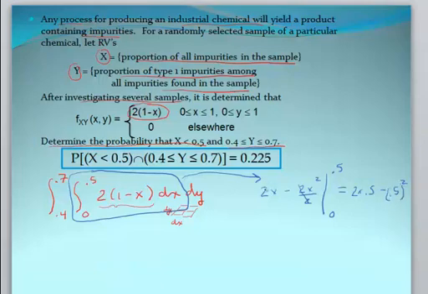We're going to stick 0.5 in here and 0.5 in here, and that's what we get. Now if you wanted to, you can stick the 0 in and subtract it, but I guarantee you it'll just end up being 0, so we won't bother with that. So anyway, 2 times 0.5 minus 0.5 squared is equal to 0.75.